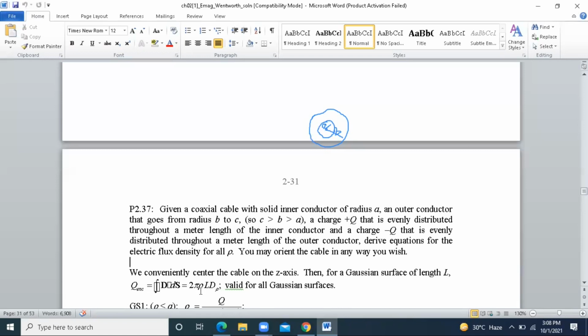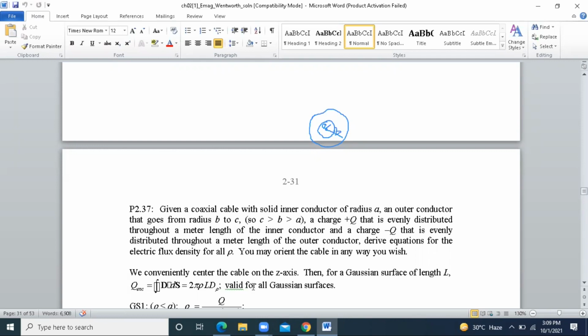So 2 pi R is what we call rho. And H is L, which is the 1 meter. So we only have D rho.